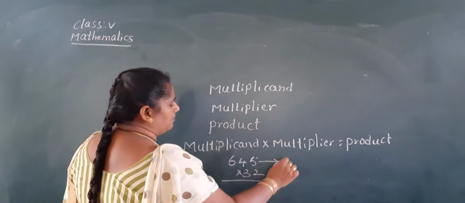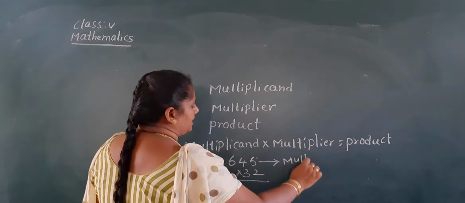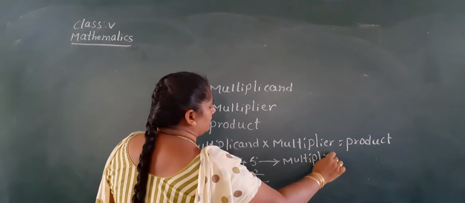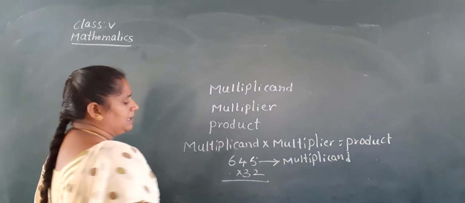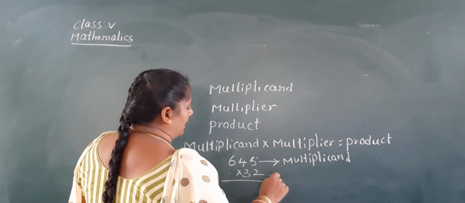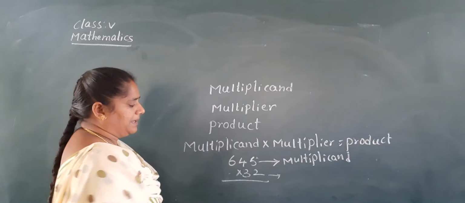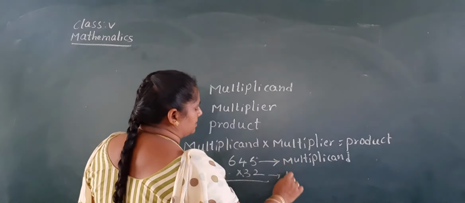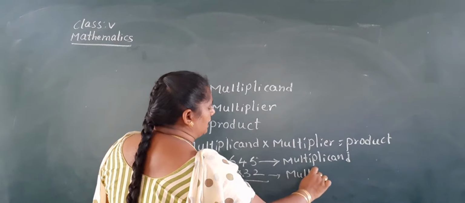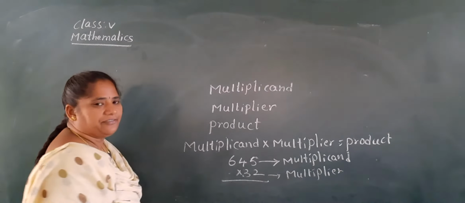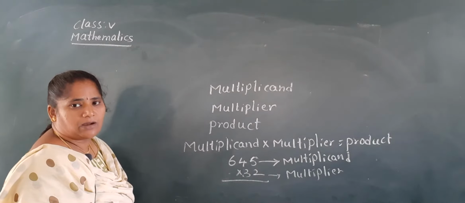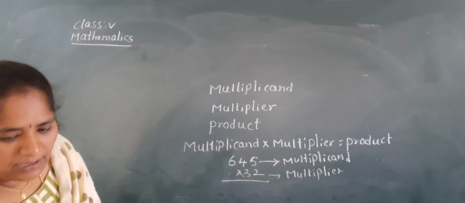This is called multiplicand, the number to be multiplied. The number by which we multiply, here 32, is called multiplier. And the number obtained after the multiplication is called product.